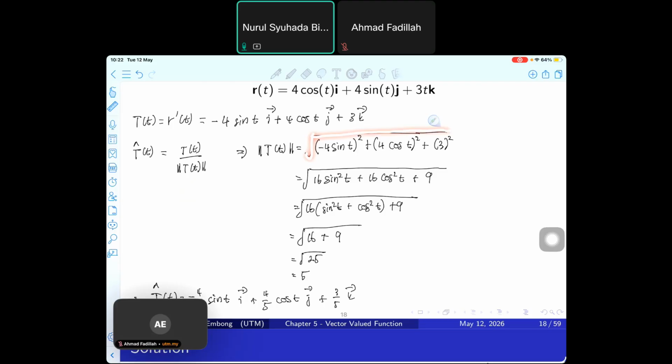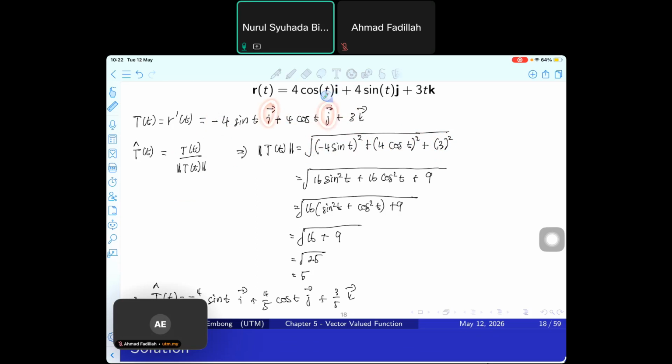So square root of i's component, this is i's component, this is j's component, then this is k's component. Each of the components you need to take its square, so keep in your mind to take the square. Here I would like to stress that you just need to take the value over here. Do not take it together with the vector.